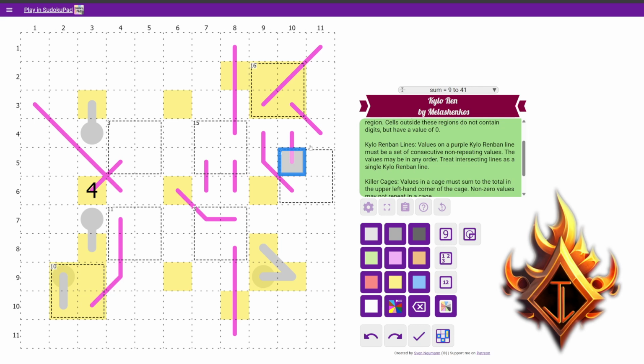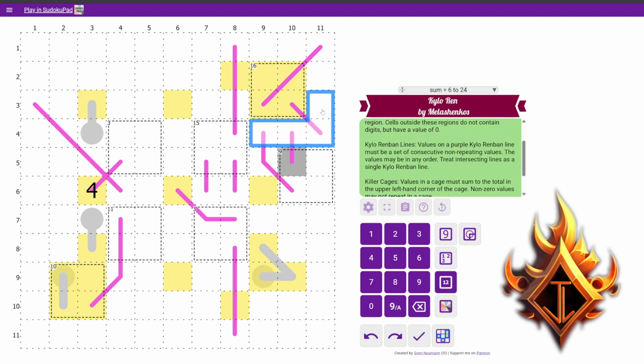Wait, was that right? Yeah, that would have to be yellow because they can't both be 0. And then it has to get one of these, right? So it'd have to go like that for that one.